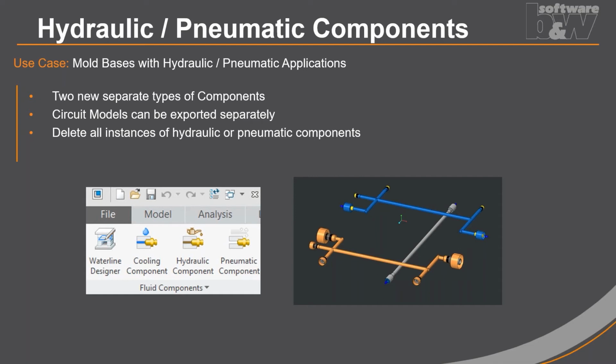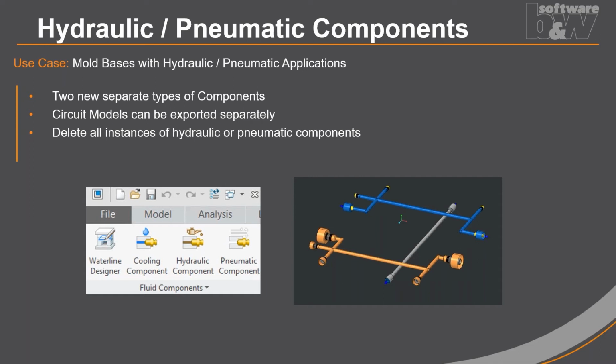So you would like to copy an existing mold base and use this as a template for a new project. And there might be a situation where you want to delete all of these cooling components because you need a different cooling system, and you could use the functionality to clean all the cooling components.